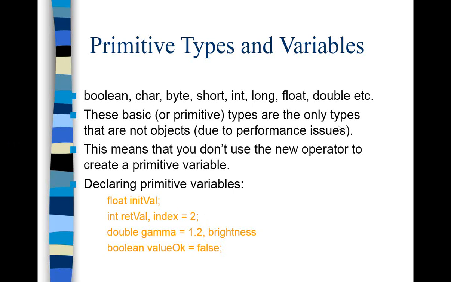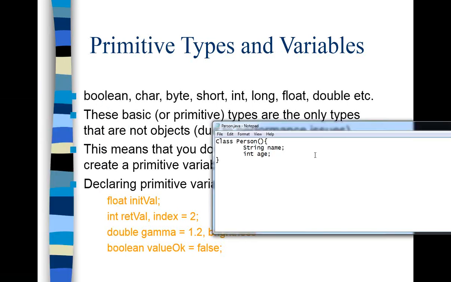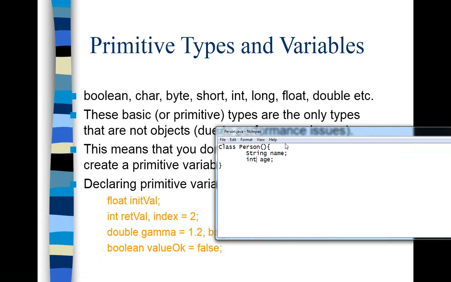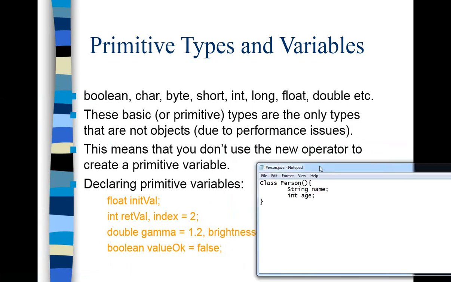Apart from the primitive data types, Java also has other data types, which we'll see in later slides. But for now, you can just understand that primitive data types are not objects, just to increase performance.